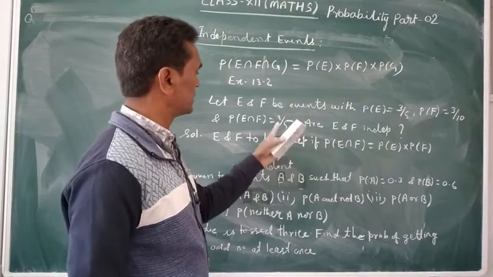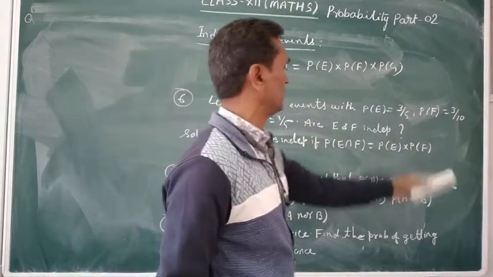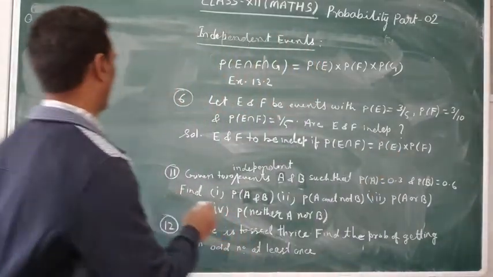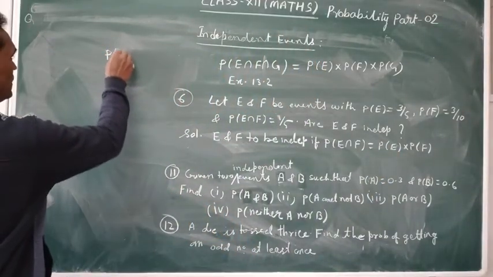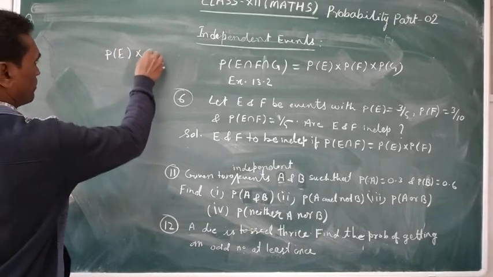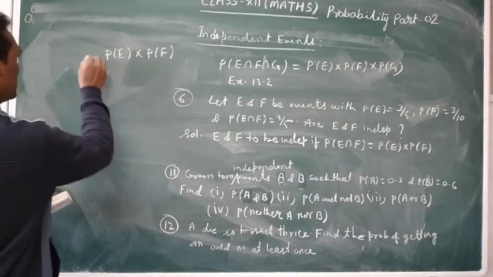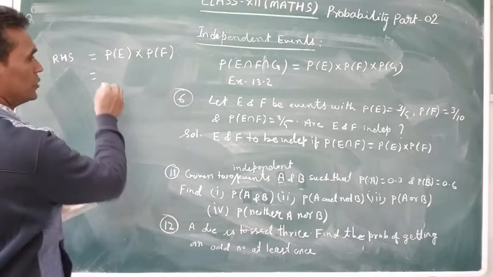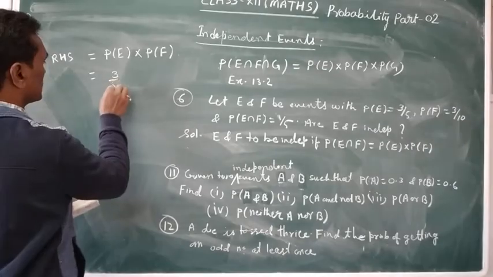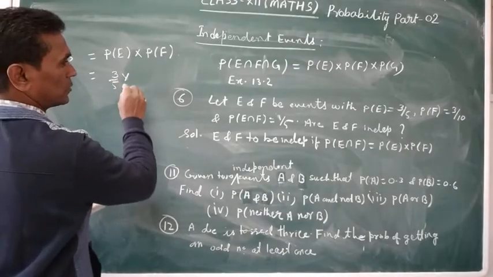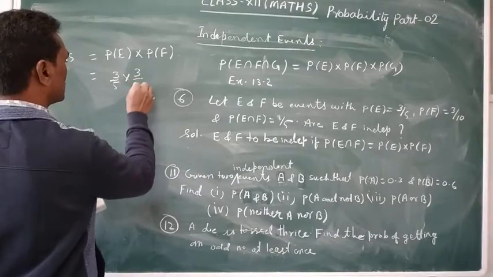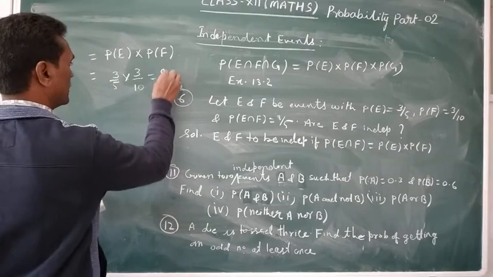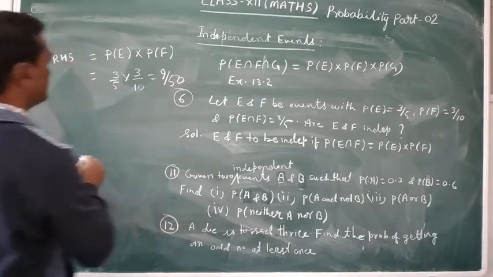So left hand side is given 1 by 5. First you have to find right hand side, P(E) into P(F). This is equal to 3 by 5 into 3 by 10, which is equal to 9 by 50.